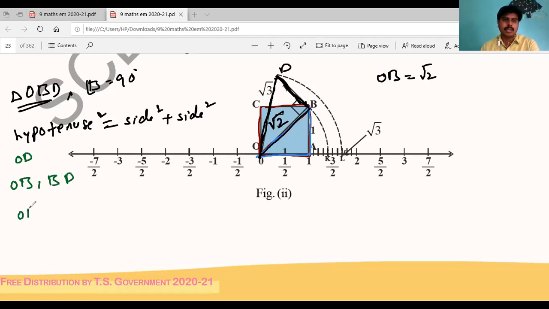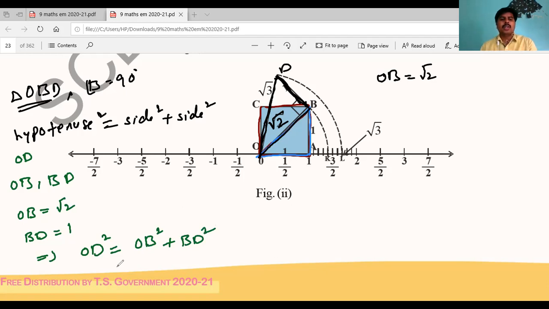Then what is the OB length? That is root 2, right? OB is root 2. Then BD is 1. Apply the concept of Pythagoras. The hypotenuse square, OD square, is equal to side squares, which is OB square plus BD square. The OB value is root 2 whole square and BD value is 1 square.